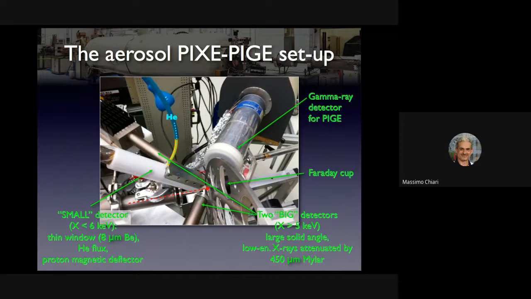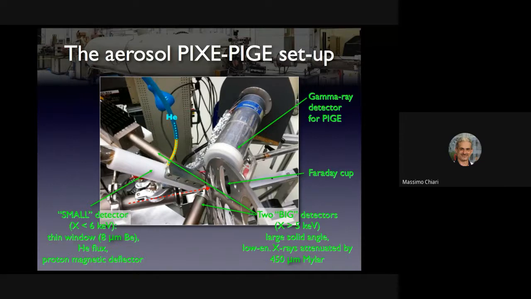Then we have two X-ray detectors for mid-high Z elements, and one X-ray detector for low Z elements, so for low energy X-rays, with helium flowing in front just to reduce the absorption of the low energy X-rays emitted from the samples before reaching the detector, which is about 13 centimeters apart.